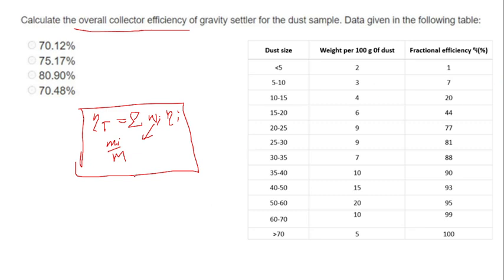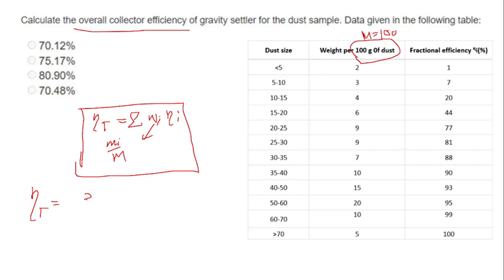Since we have discussed the same model problem, can you please try it? It's very simple. Total efficiency is equal to, first, the total mass, capital M, is equal to 100. For each fractional size, the respective weight is given and the fractional efficiency is given.